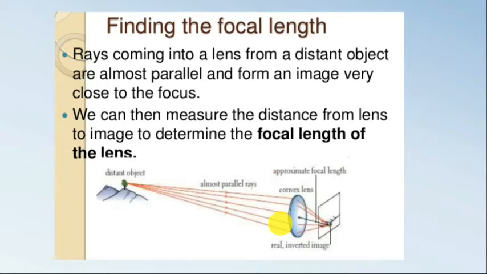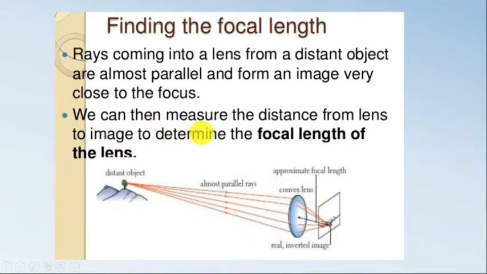Why do we want them to be parallel? Because we said before, when lines reach the lens parallel to each other, they will refract and bend and meet at one point. We call this point the principal focus. So we want to determine the focal length. That's why we want the lines to be parallel.